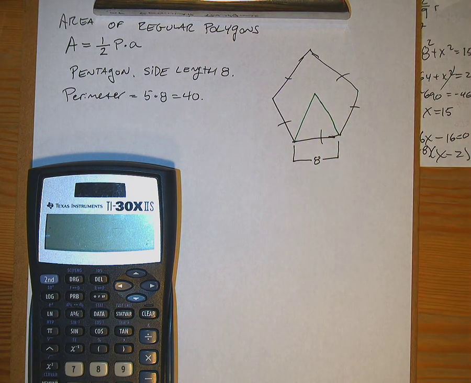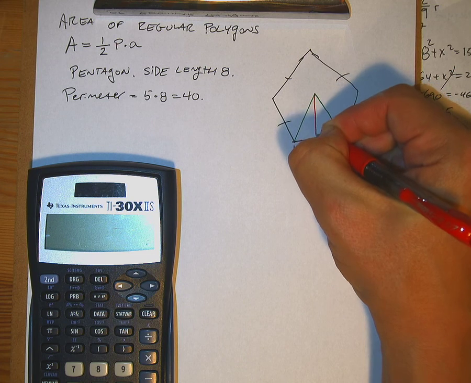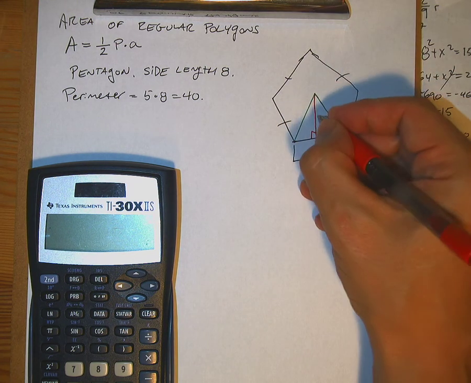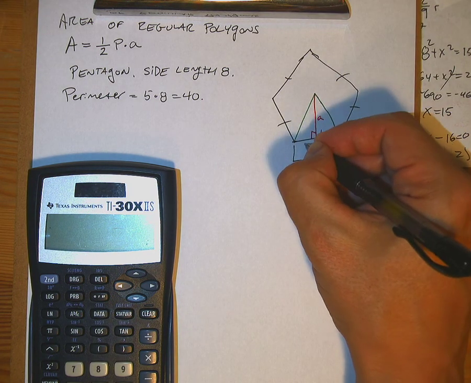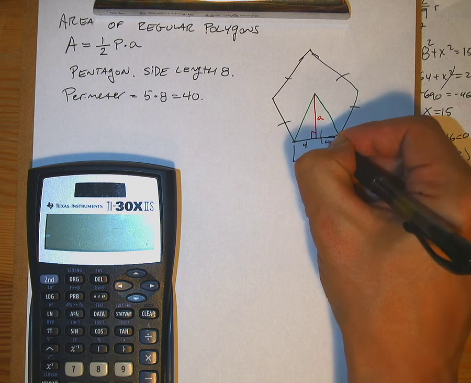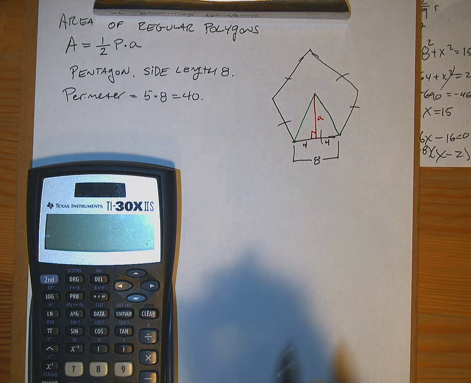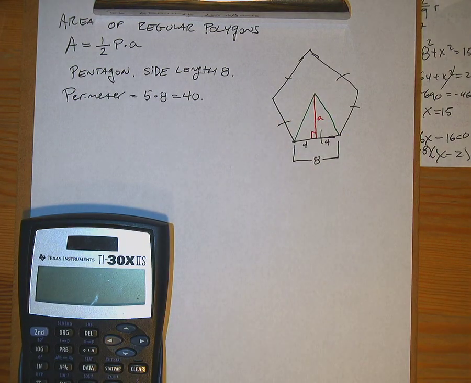And then we're going to need to find the apothem. And the apothem is this vertical line, that perpendicular line. There's my apothem. And in an isosceles triangle, we know that that bisects the base. So now I'm just going to want to draw in just the right triangle.